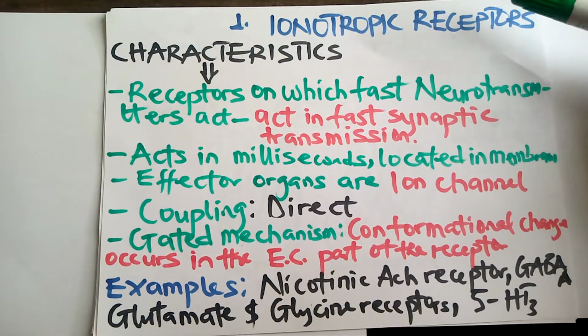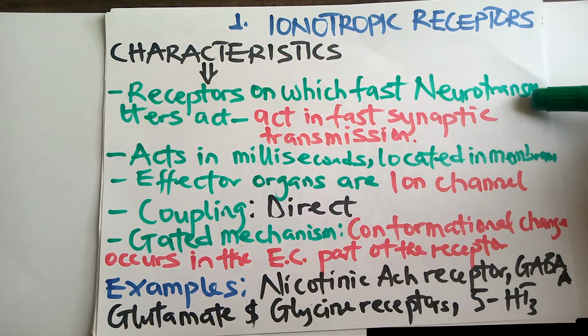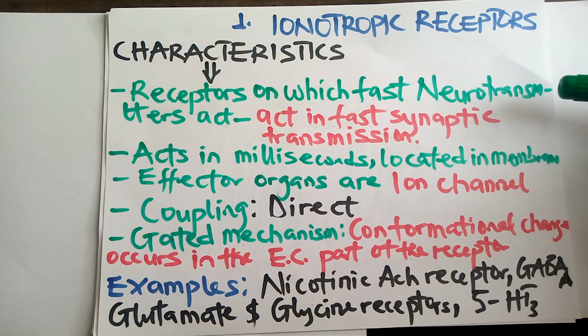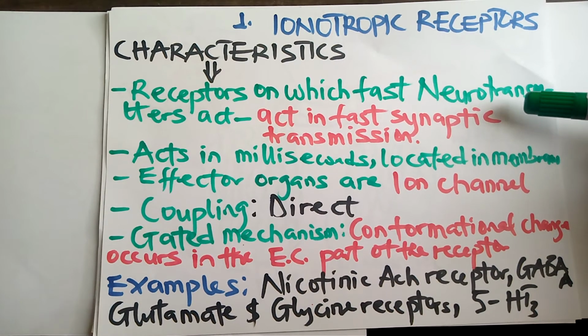We begin with the first one, ionotropic receptors. Ionotropic receptors are receptors on which fast-moving neurotransmitters act. They help in fast synaptic transmission, that is, transmission between two nerves.